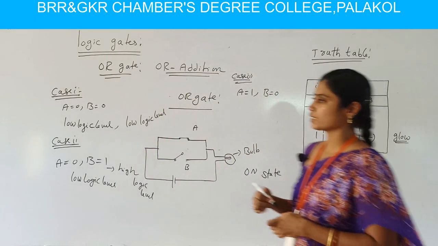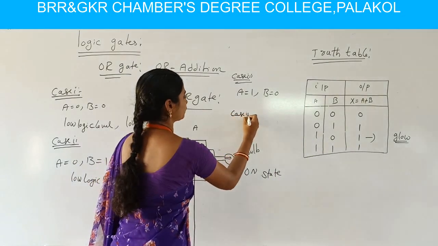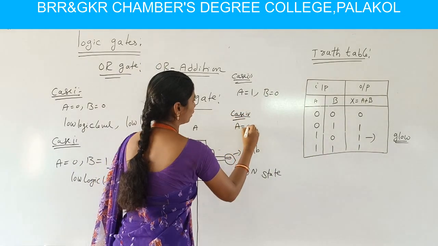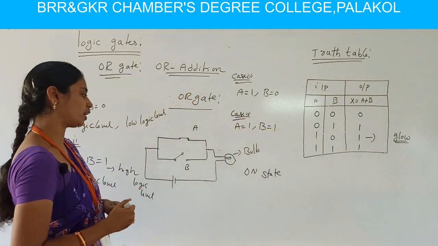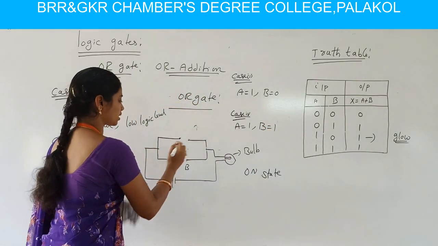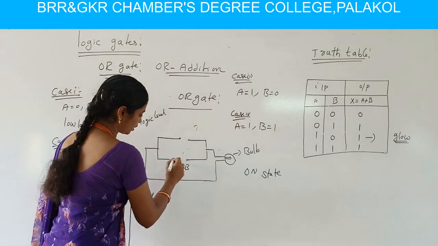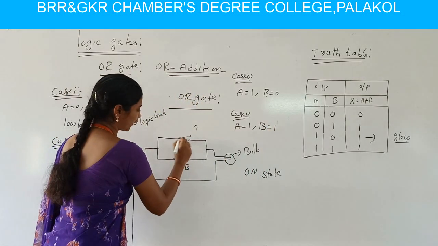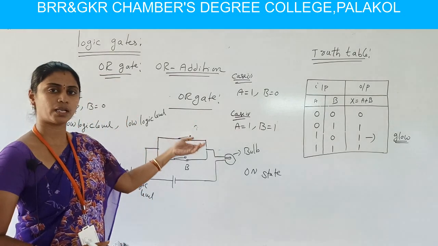In the fourth case we have A is 1 and B is 1. It means A is in high logic level and B is in high logic level. Both switches are closed here. Then automatically current flows through this circuit and the bulb is glowing.